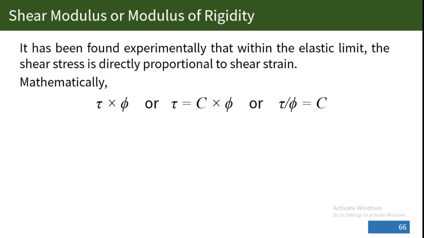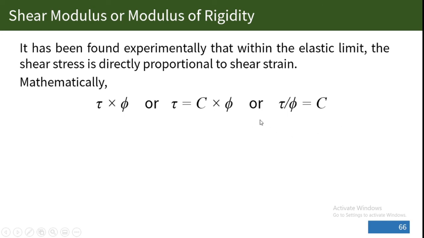So we got this particular relation from experimentation. Tau is proportional to the shear strain, or tau is equal to C, the constant of proportionality, times the shear strain.